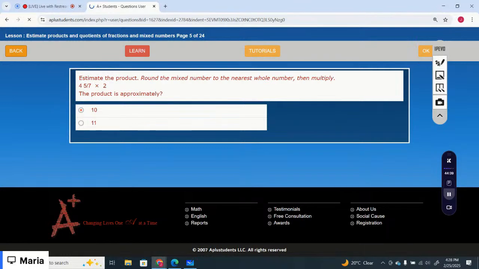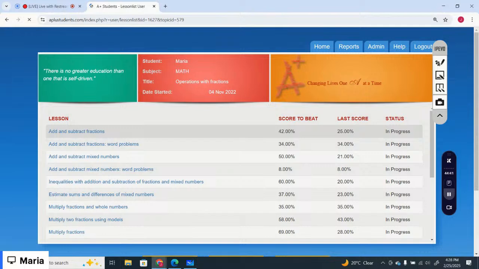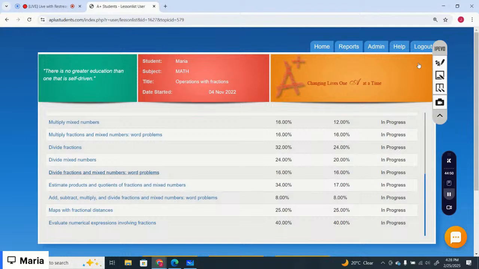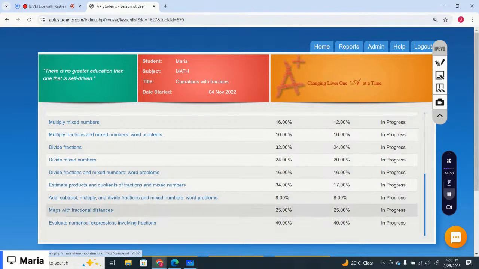The next lesson is maps with fractional distances. Let's start with the lesson.